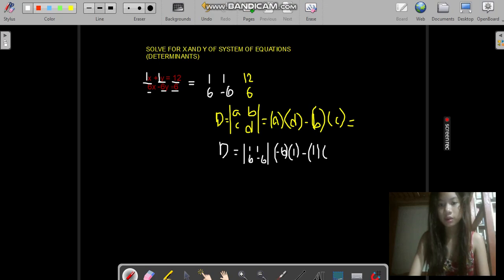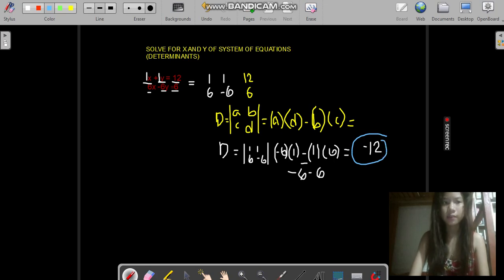Be careful, guys, because this parenthesis means multiplication, and be sure that there's a negative sign between them. So the answer is gonna be -6 minus 6, so it's gonna be -12. So the determinant is -12.